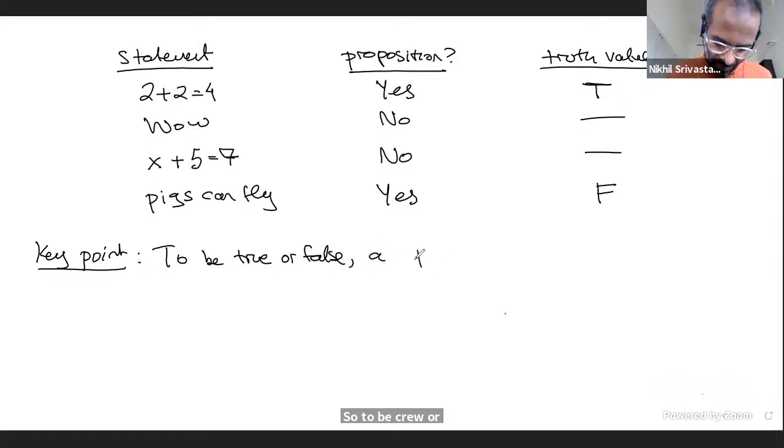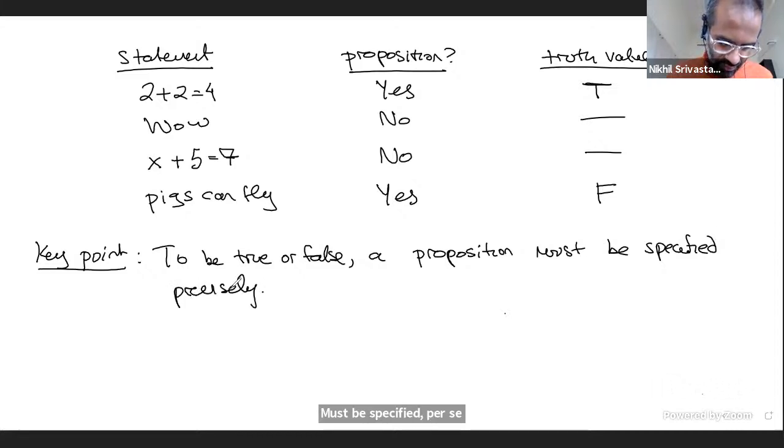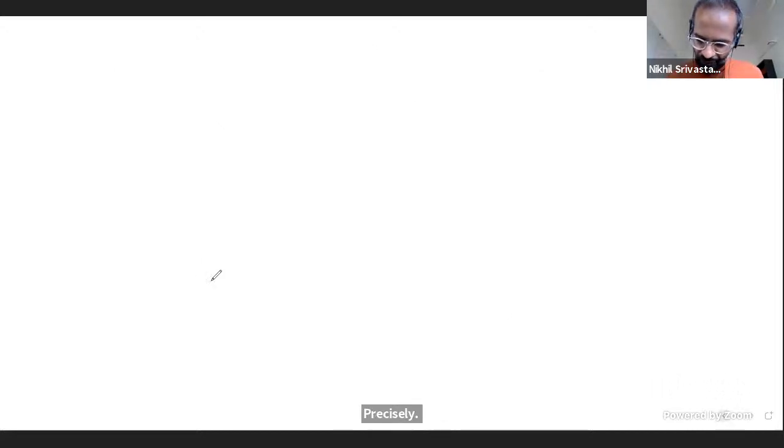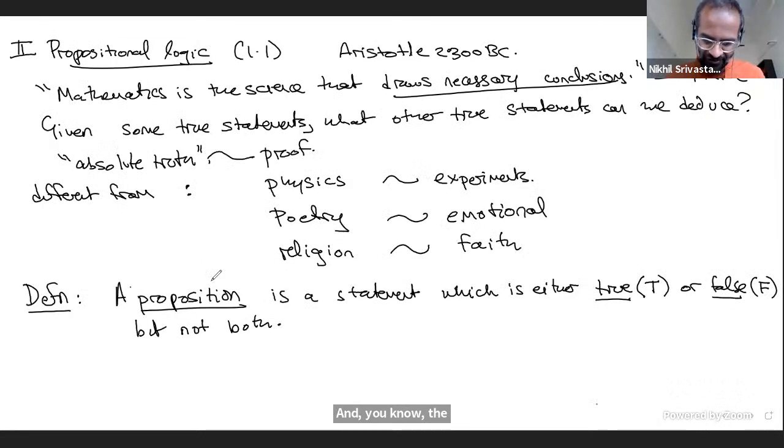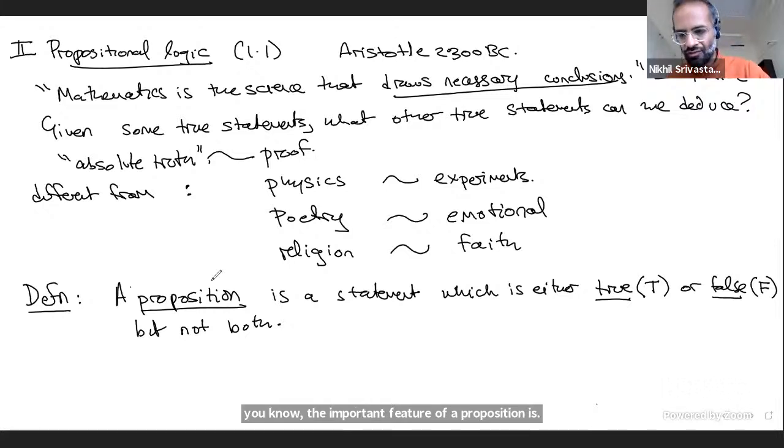The important feature of a proposition is we're not very concerned with how we decided it was true or false.